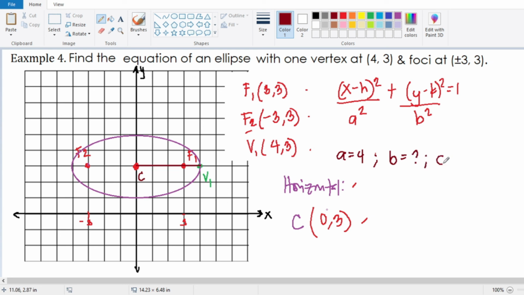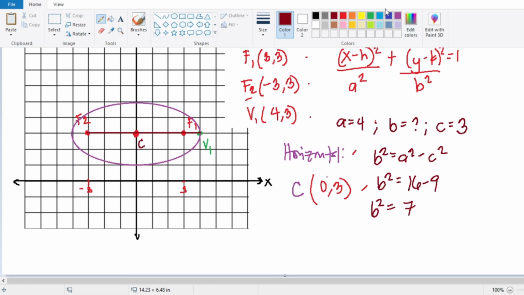Your C, from the focus to the center, is 3 units. So our B squared is equal to A squared minus C squared. Our B squared is equal to 16 minus 9. So, you have there 7 as your B squared.